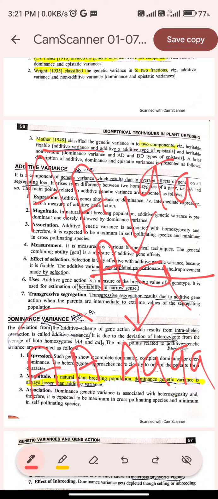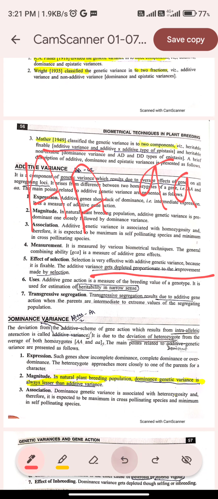These are mainly the components of transgressive segregation due to additive genetic variance. Now the second component is dominance variance.